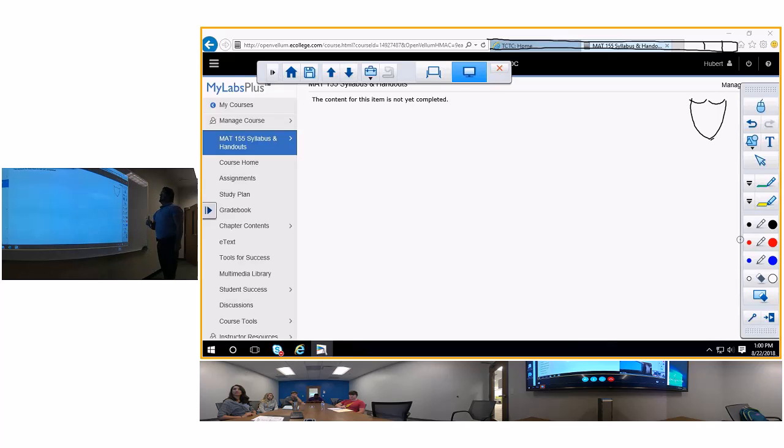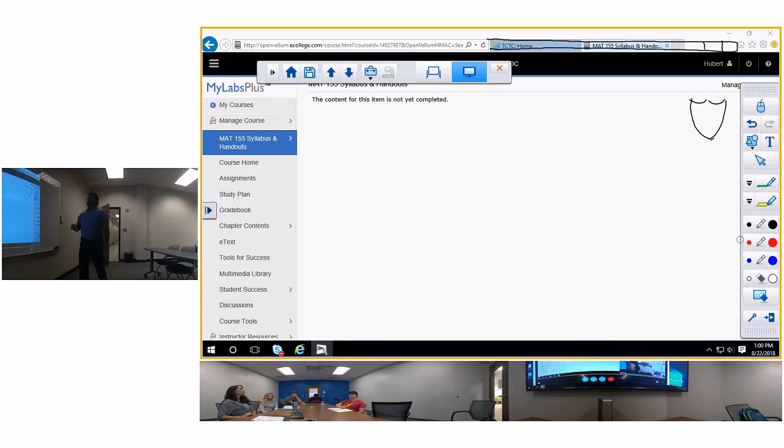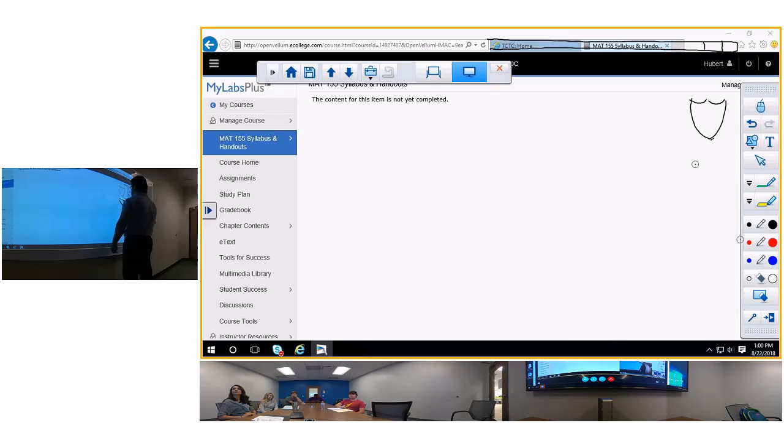You right-click on that shield, and you're going to be asked to allow, I think it's allow unsafe info or something like that. You need to allow unsafe info.